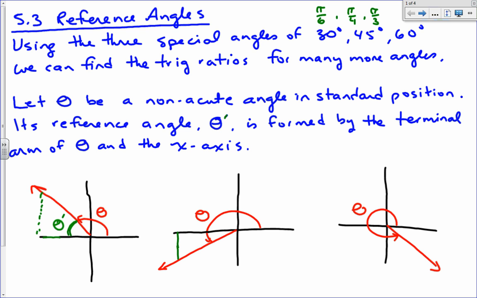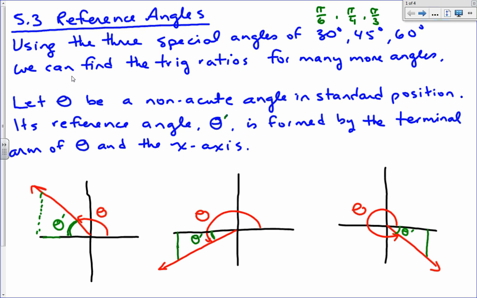In this case, theta prime is the angle that makes this original angle theta go up to 180 degrees. In this case, theta prime takes that angle theta down to 180 degrees. And in this case, theta prime, the reference angle, brings us up to 360 degrees.